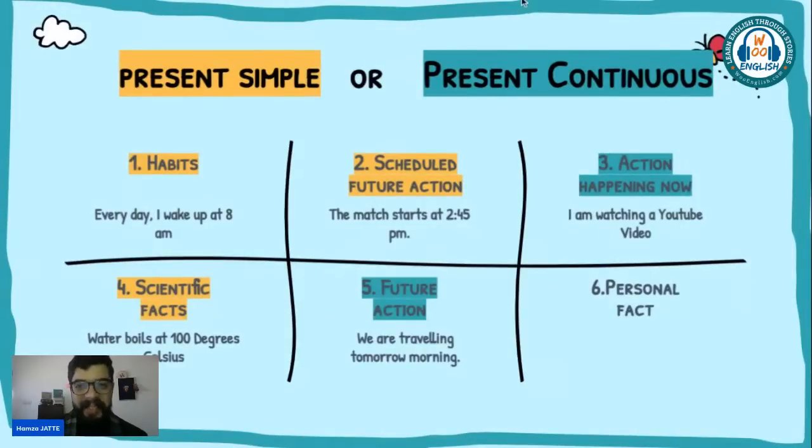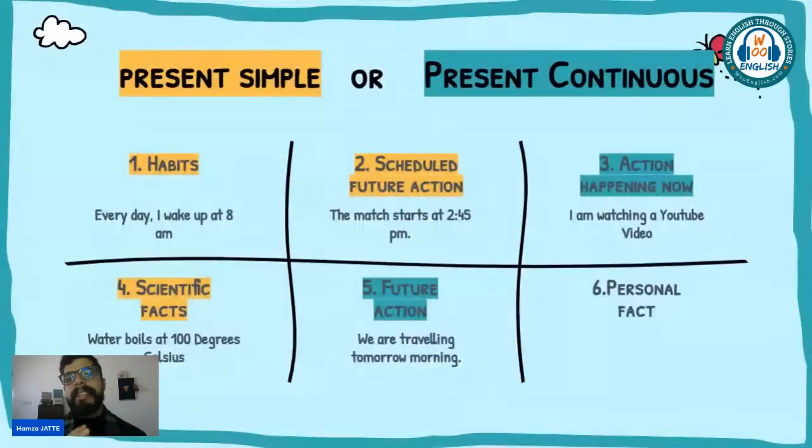Okay, actually, for this one, Hussein, it's the present continuous, and I will give you the difference between the two. We are traveling tomorrow morning. This is a plan, an action that we decided to do in the future. We are using the present continuous. But schedules mean exact times. We use the present simple.